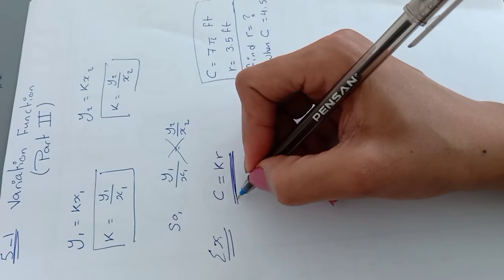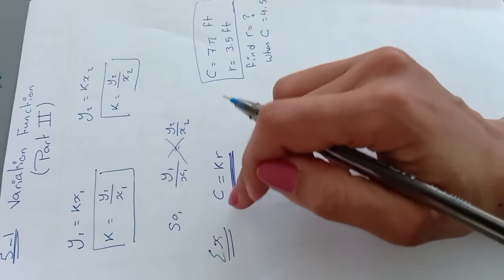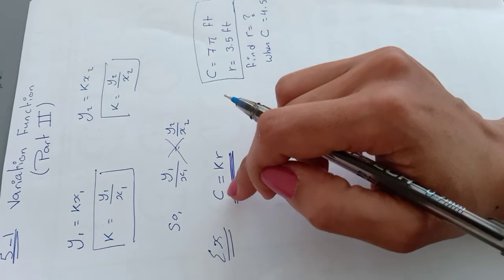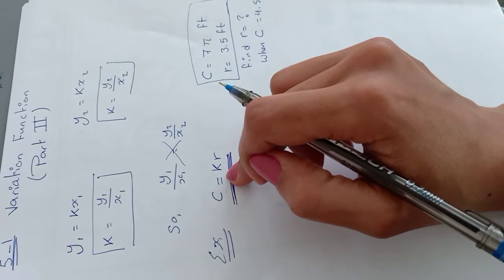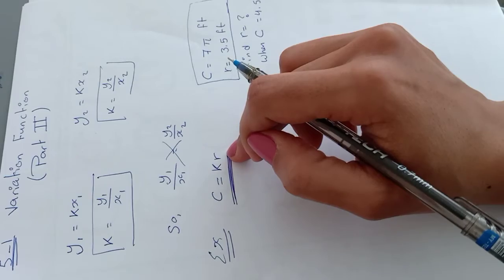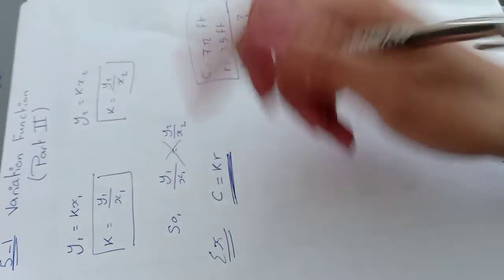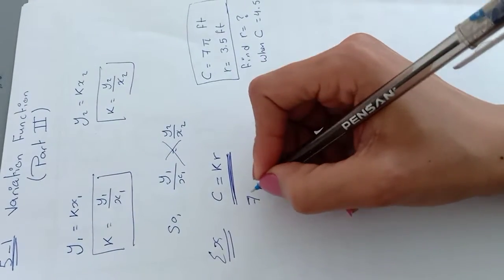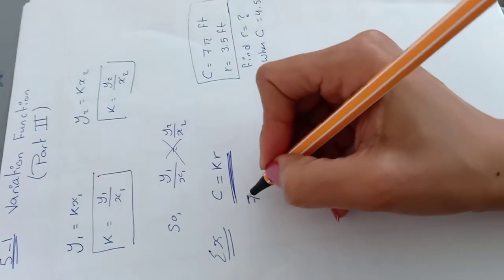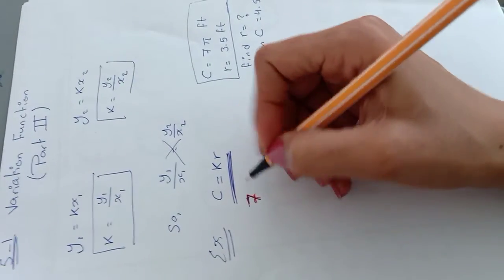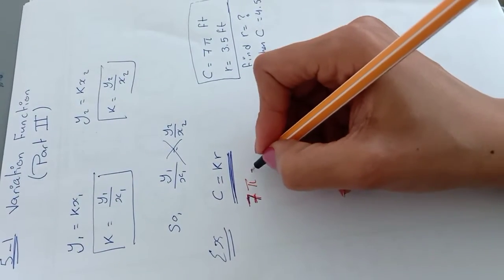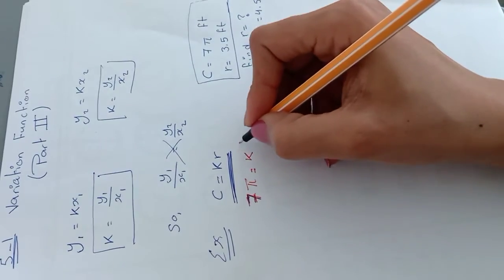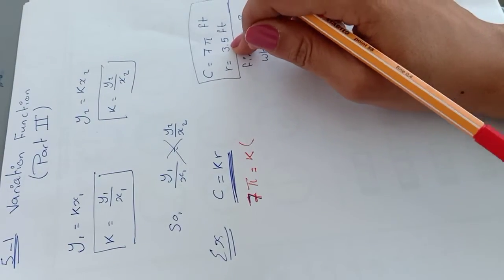According to this direct variation, as the circumference varies directly as R, so C equals KR. Replace C by 7 pi. C equals 7 pi equals K times R, which is 3.5.